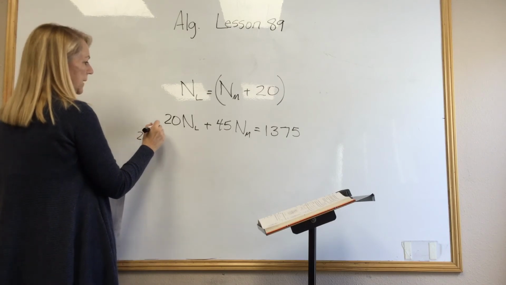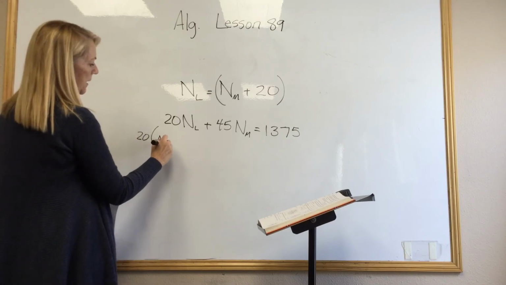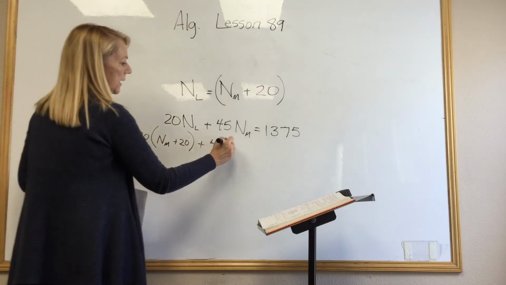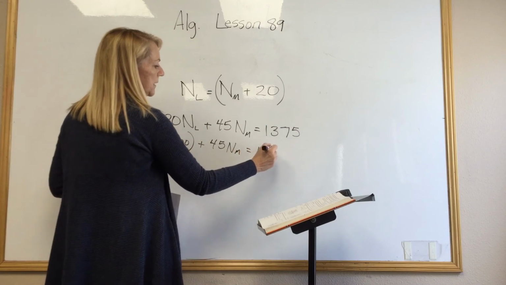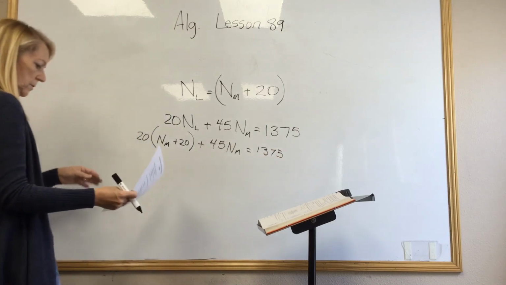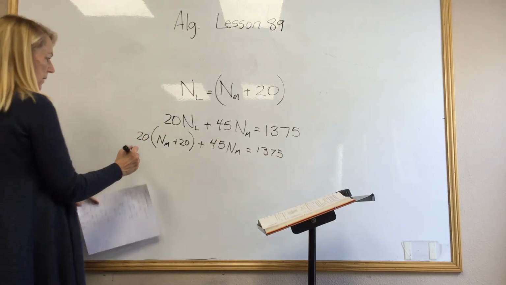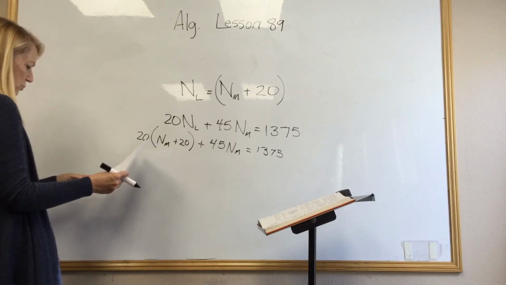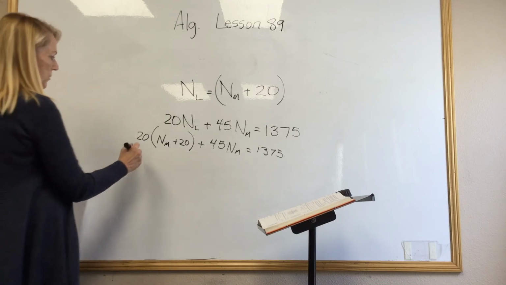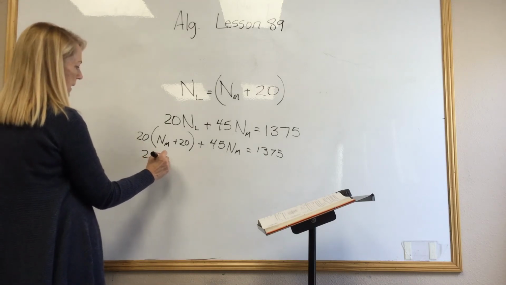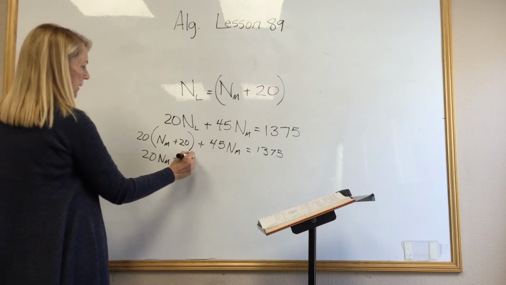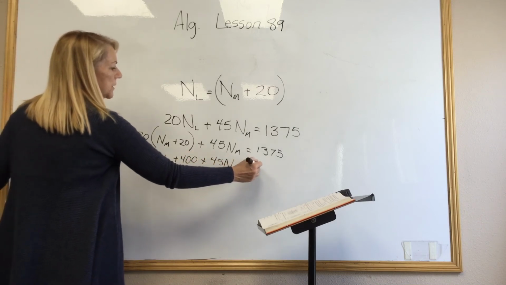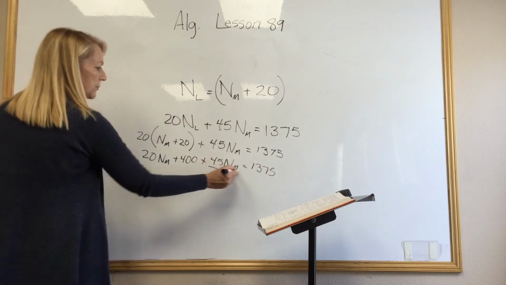So I've got 20 times NM plus 20 plus 45 NM equals 1,375. Right so far? Yes. So this is going to be, here we go, 20 NM plus 400 plus 45 NM equals 1,375. I have like terms right here and here.